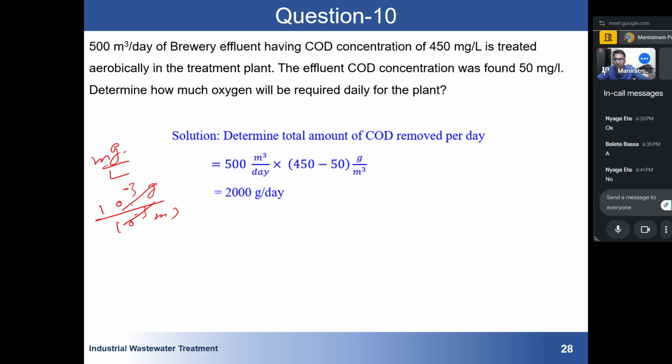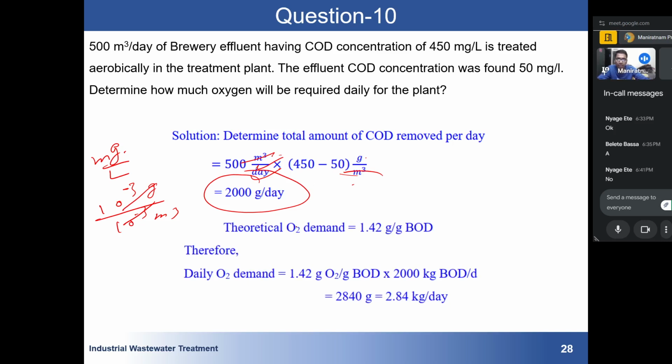So milligram per liter is equivalent to gram per meter cube. That's why you can see gram per meter cube here, and I have kept meter cube per day as it is. So this meter cube will get cancelled out, and it will be 2000 gram per day.